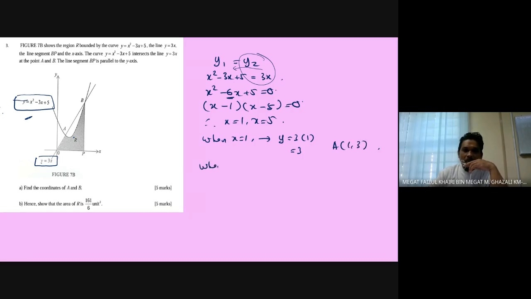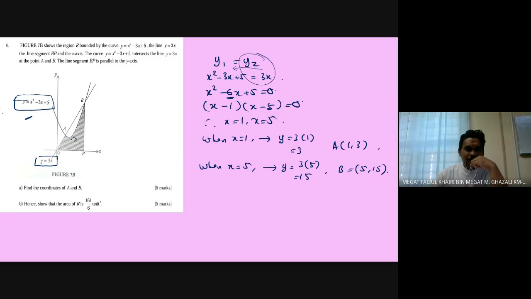When x equal to 5, y equal to 3 times 5 equal to 15. So B equal to 5 and 15. Next, show the area of R is 161 divided by 16 units squared.